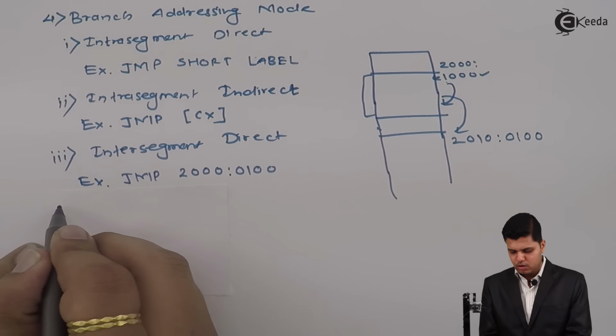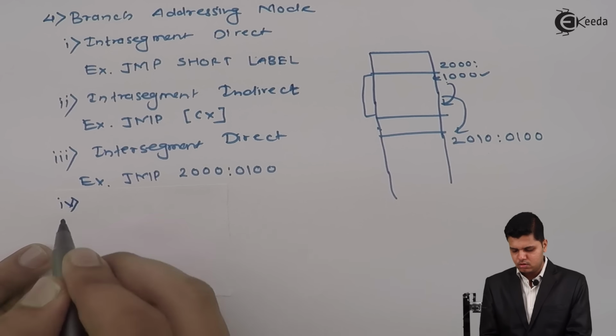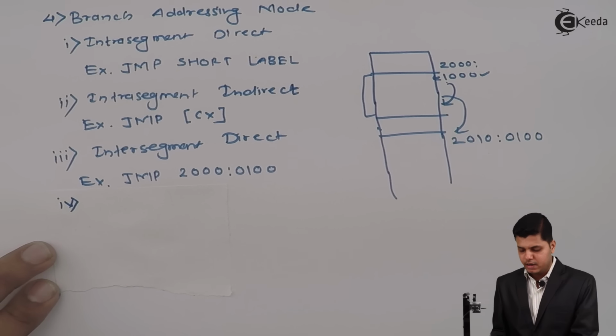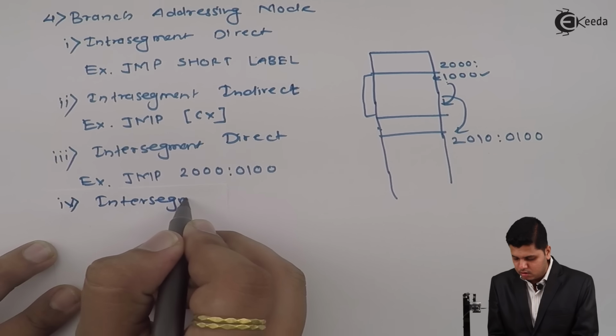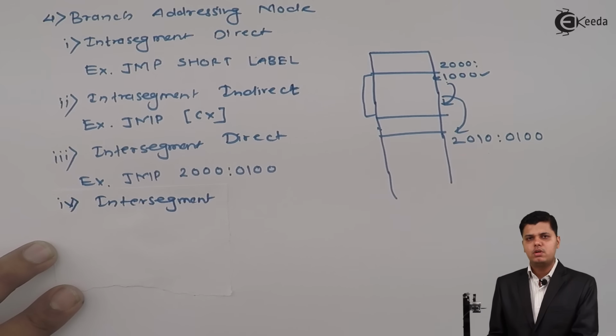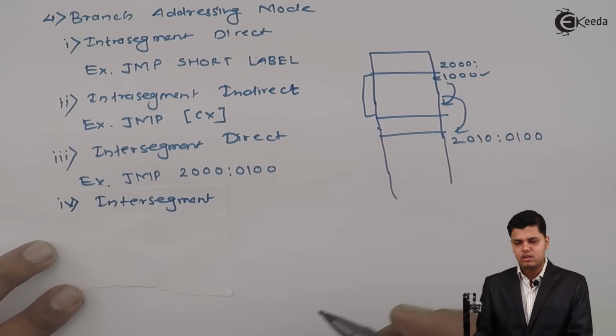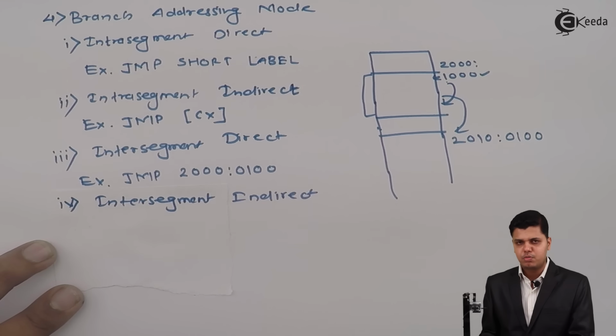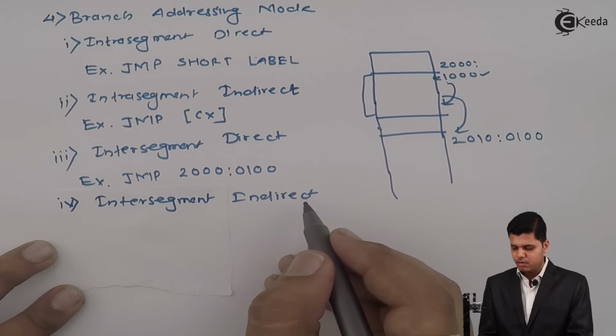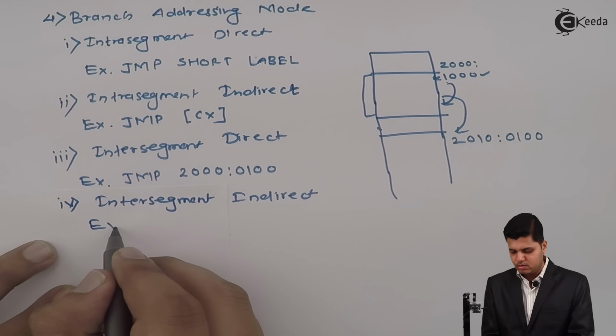The next addressing mode in branch addressing mode is inter-segment indirect. Inter-segment signifies the sequence of the program is changed from one segment to another segment, but the address in inter-segment indirect is provided through some register.